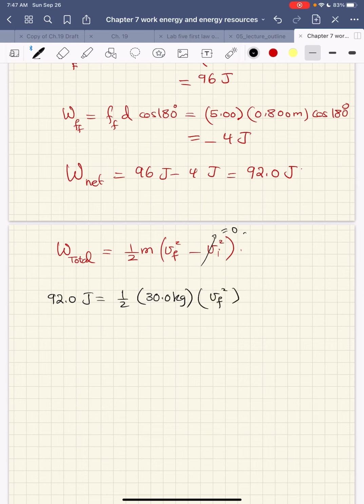Then I will say 92 times 2 divided by 30, and then take the square root. This is the V final, which is going to be 2.48 meters per second. This is how I'm going to calculate that velocity.